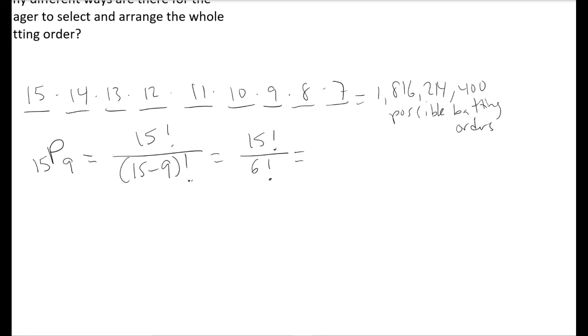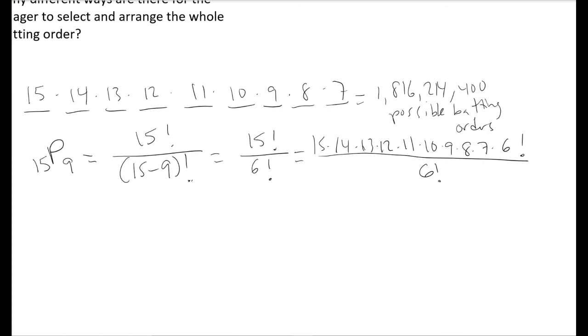Now 15 factorial is 15 times 14 times 13 times 12 times 11 times 10 times 9 times 8 times 7 times 6 factorial. Why do I stop at 6 factorial? The reason I stop at 6 factorial is I know that 6 factorial is 6 times 5 times 4 times 3, and so on. Since I got a 6 factorial on the bottom here, I can cancel it out, right?